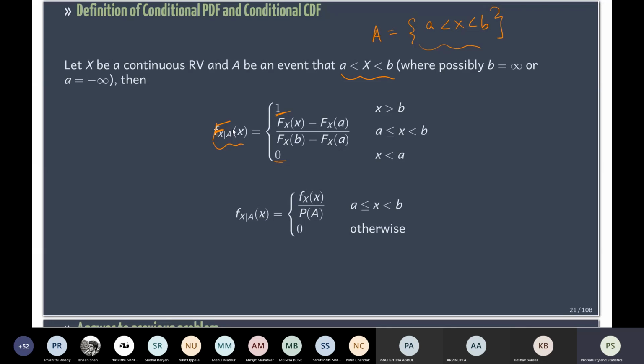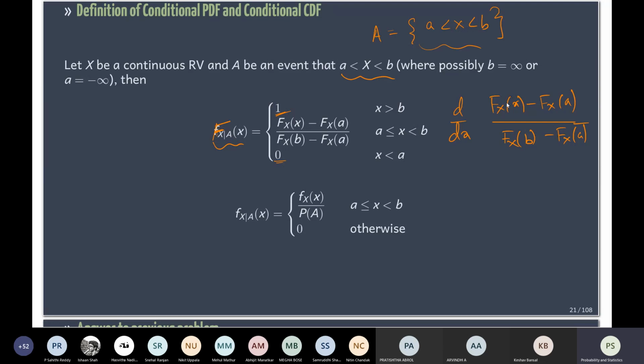To obtain the PDF, I'm just going to differentiate this. The other pieces are 0 anyway, so differentiation of those is 0, and then we differentiate this with respect to x: d/dx of (F_X(x) minus F_X(a)) divided by (F_X(b) minus F_X(a)).